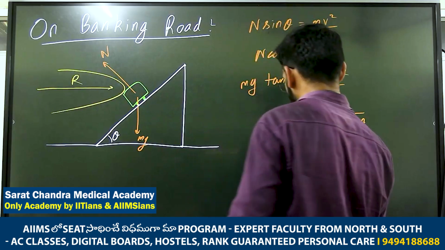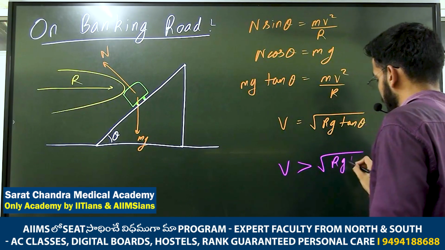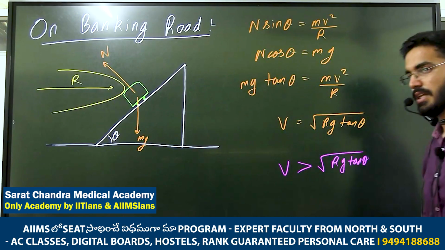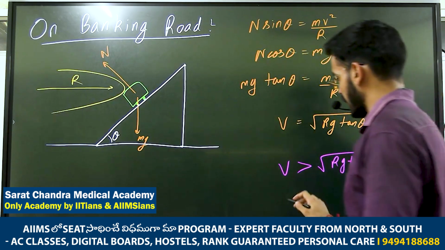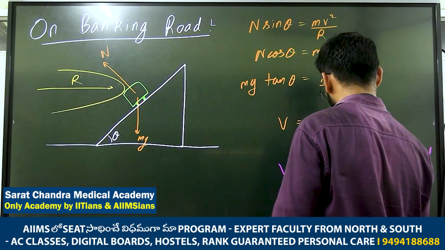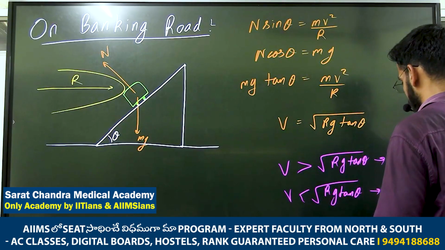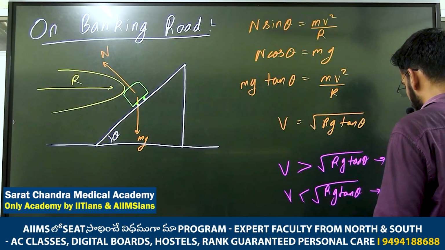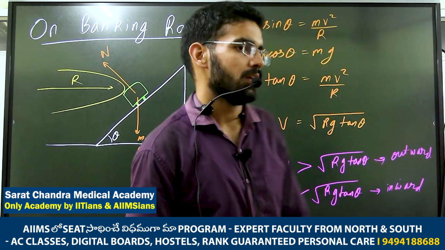So what we are saying is, if your speed is greater than under root rg tan theta, then he will slide outward. This we will use, that's why I am writing. And if your speed is less than under root rg tan theta, then he will slide inward. He will fall inward. Is inward spelled correctly? Okay.